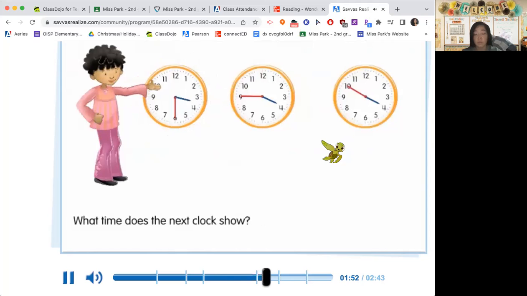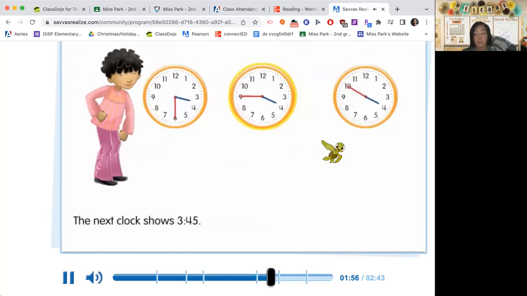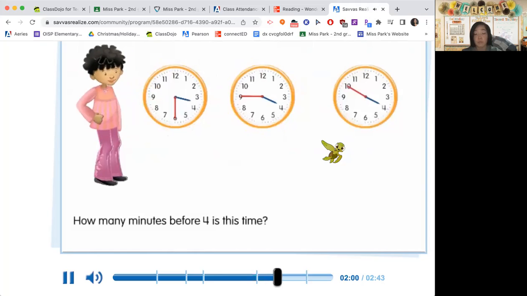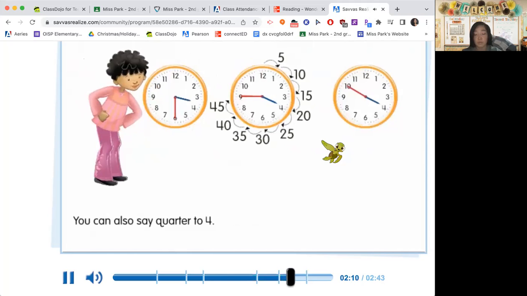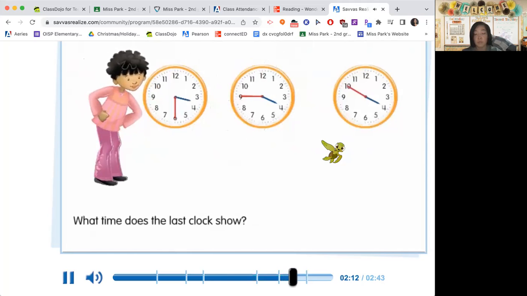What time does the next clock show? The next clock shows 3:45. How many minutes before 4 is this time? It is 15 minutes before 4. You can also say 3:45. What time does the last clock show?